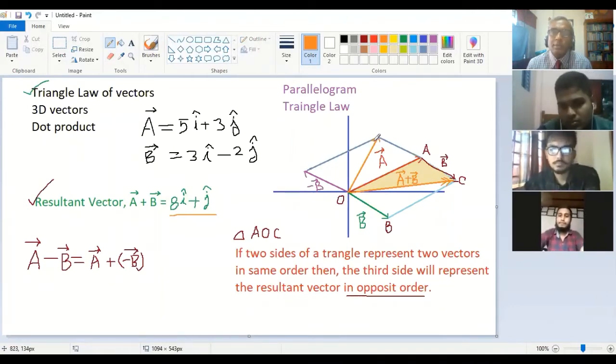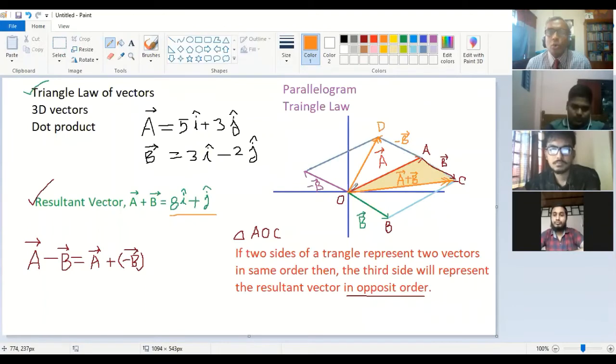Why A minus B? Because one side is A, that is O to A. Say this point is D, then one side is OA, the other side is AD. So what is AD here? AD is actually minus B, because this is parallel to the minus B side, with the same length and same direction.